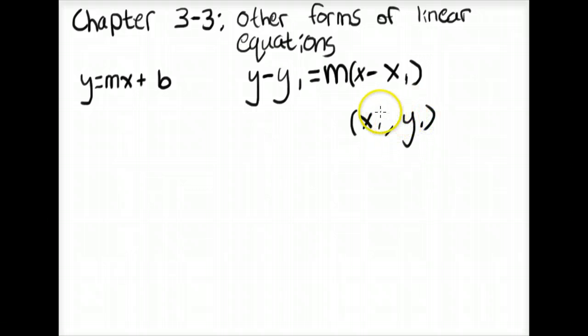where there is a point on the graph, x1 comma y1. So let's first suppose that we have the relation y minus 4 equals 2 times x minus 5.